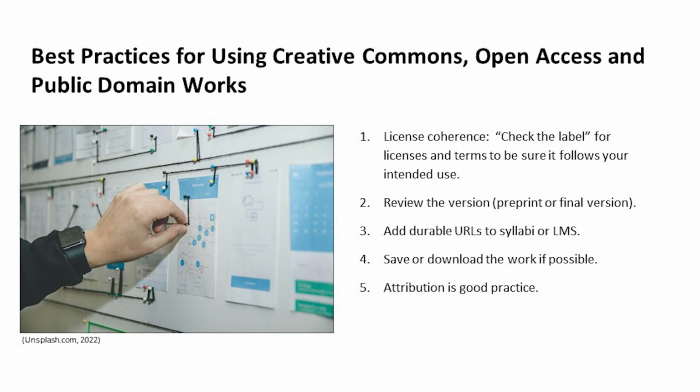You can also add durable URLs to your syllabi or your learning management system too, for people to access it. You could usually download or save the work too, if possible, especially if people may have limited bandwidth or something like that. And instead of just sending them a URL, you put the file into Canvas and they could get it that way possibly.